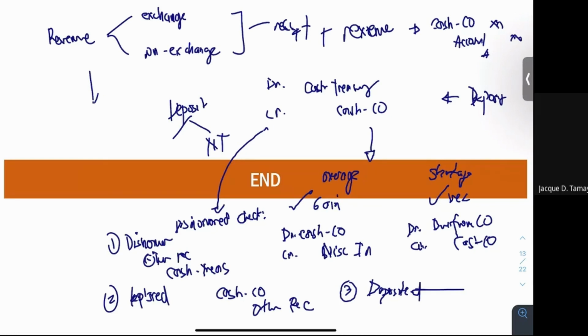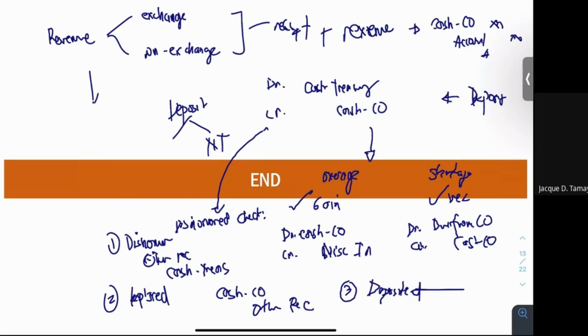Or if you want, you can deposit it and you deposit it as agency. So you debit cash, agency deposit. So by the time it is not held by the collecting officer but deposited under the name of the agency, not as the name of the treasurer.